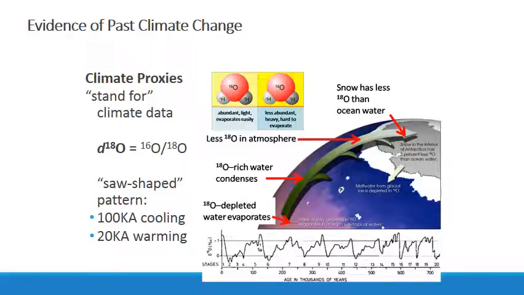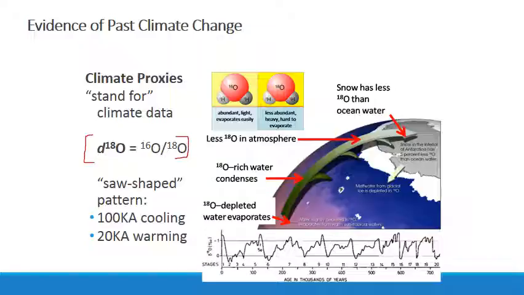One very good way to assemble a historic record of precipitation is through the use of the ratio of two isotopes of oxygen. So this is the δ18O, and if you're nodding off as I begin to talk about this, stay awake because this really is kind of exciting.